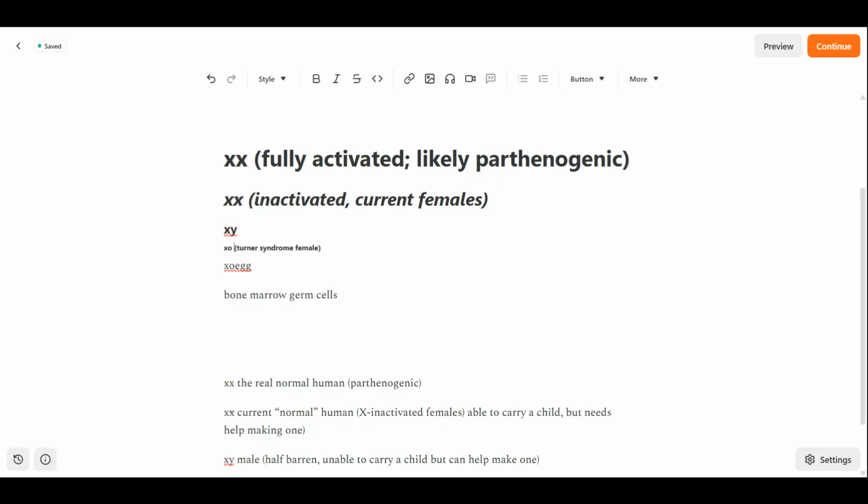But you also see that the males have a workaround that makes them seem fertile. They have this thing that made them pseudo fertile.